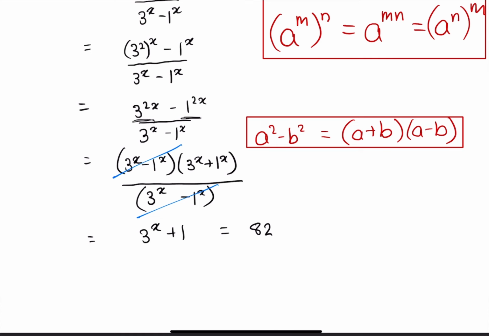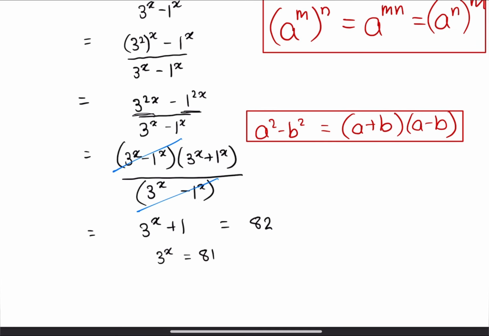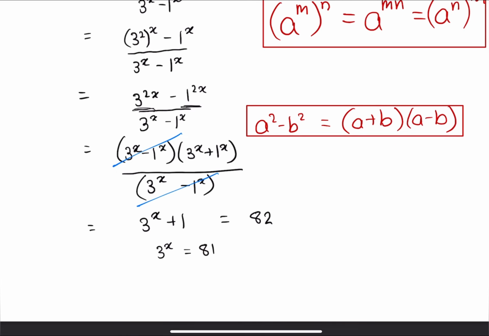So now this is a normal equation, and it is pretty easy to find the value of x. We're going to subtract 1 from both sides of the equation, giving us 3 to the power of x equals 81. And now we can write 81 as 3 to the power of 4.